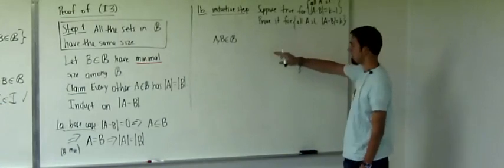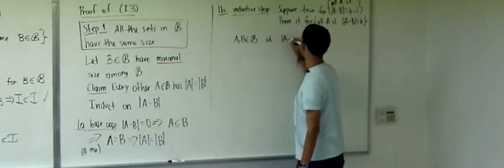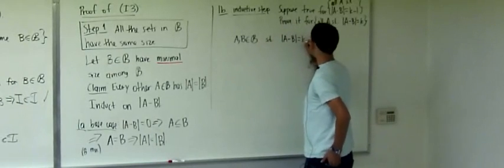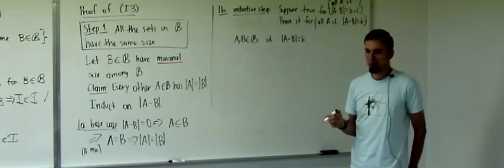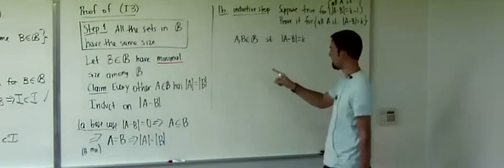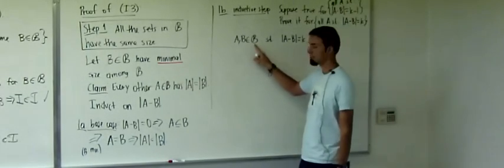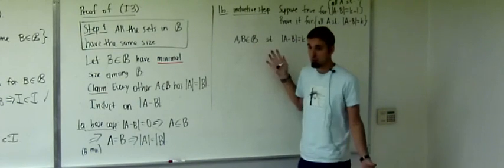So let me assume that I have A and B, which are in script B, such that A minus B is equal to K. I want to point out something you may not be noticing, which is that I am not calling these things bases because we don't know that they're bases.